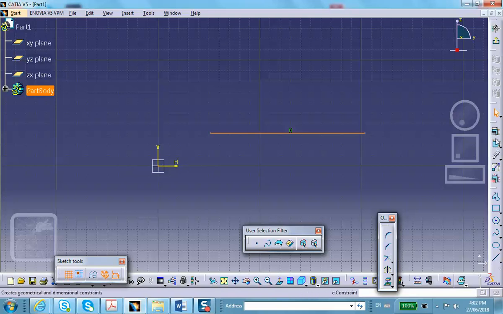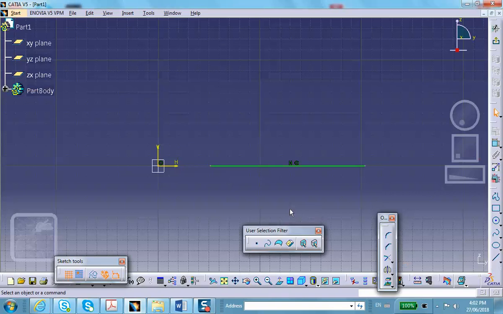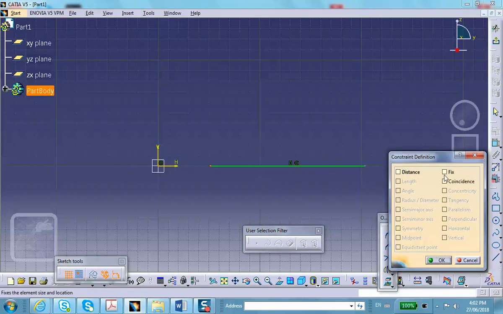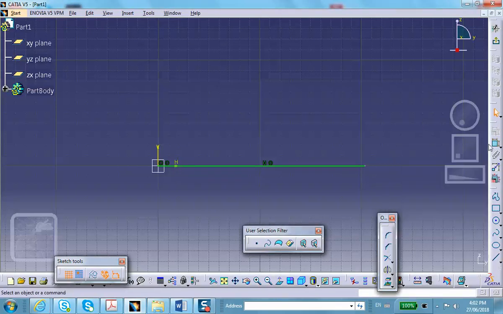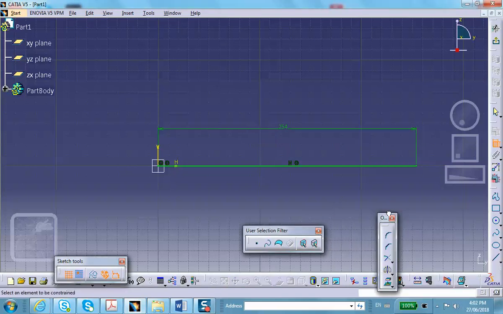Coincident, right there. This and that coincident. I just want to make my job easier, that's all. You don't have to do this. So this is going to be 10 inches long, half the length of the beam.